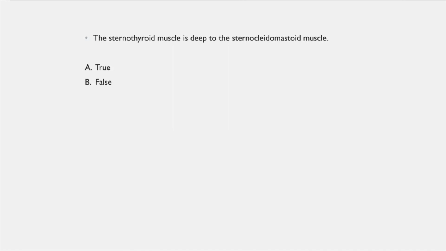Fourth question, a true or false. The sternothyroid muscle is deep to the sternocleidomastoid muscle. True or false? And the answer is A, true.